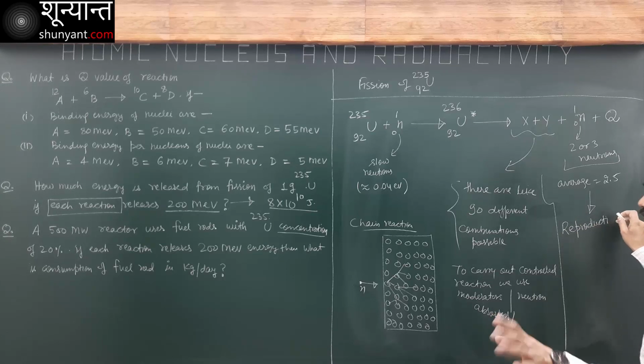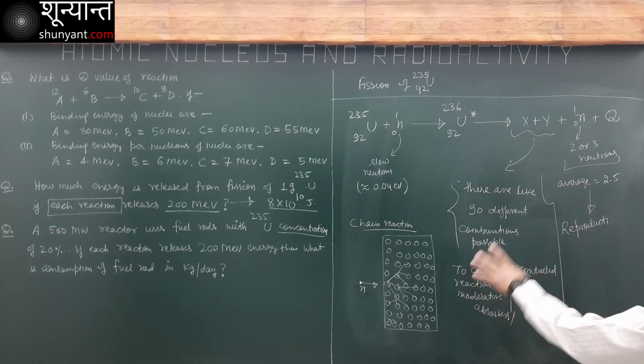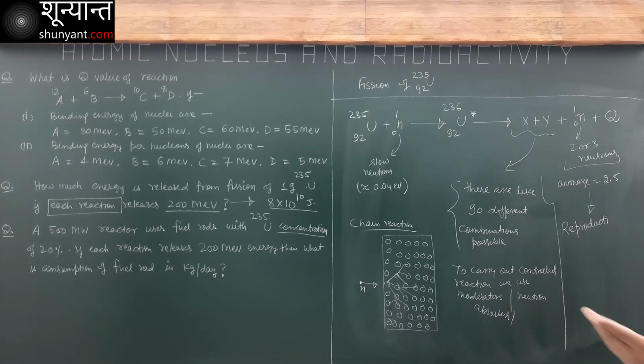We don't really have to go into detail. I just require this reaction, that's it. But there are some important parameters. Let's look at them. So this value 2.5 is known as the reproduction constant.